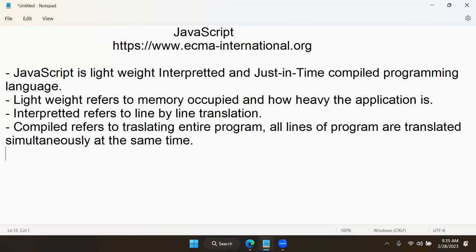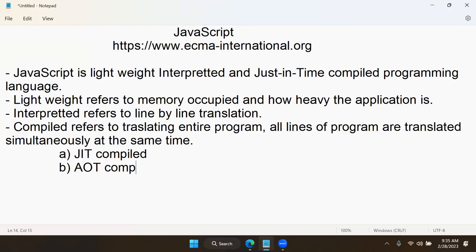That means in some occasions it can go line by line translation. In some occasions it can go compiled. Compiled means all lines of the program are translated at a time. Now, very important, in programming technologies we have two types of compiling techniques. We have JIT compiled, and we have AOT compiled.